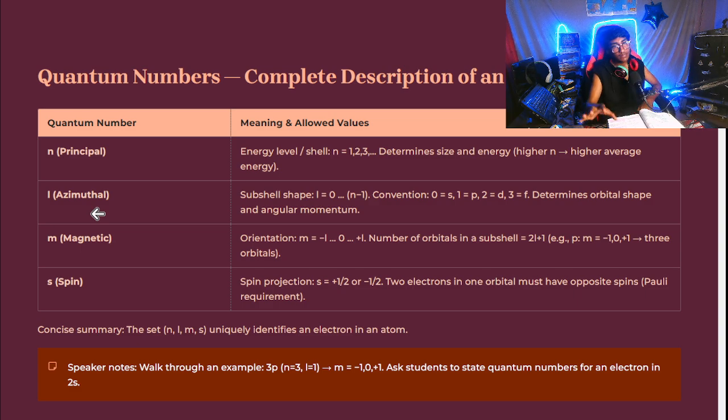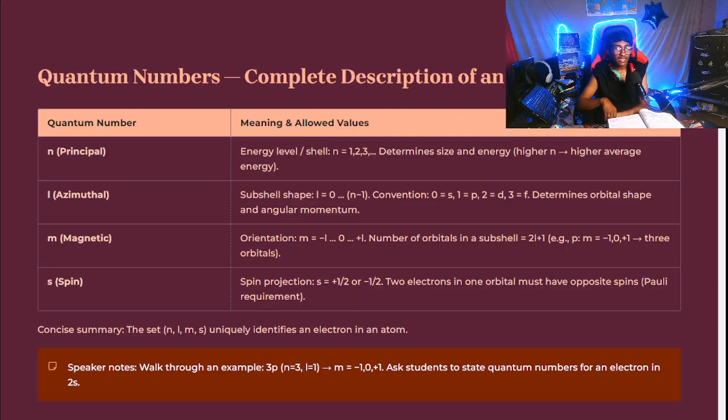This quantum number tells us about the orientation of an orbital in space. In simple words, how it is positioned. The possible values of m, for example, are -1, 0, and +1. That's it. Now I'll tell you what it means.